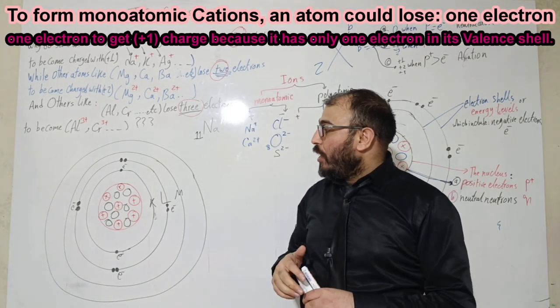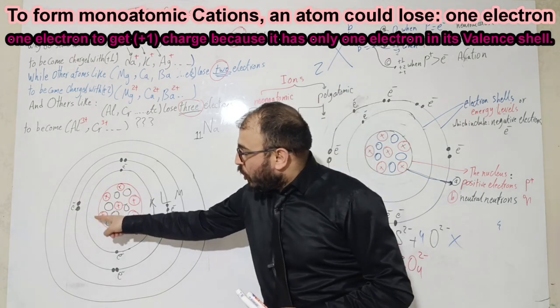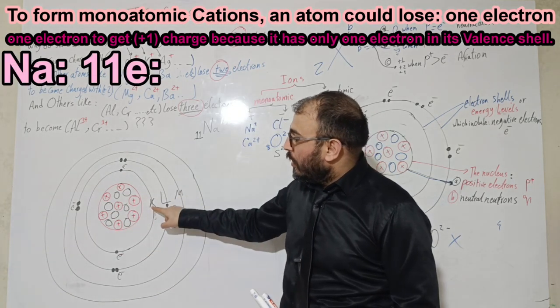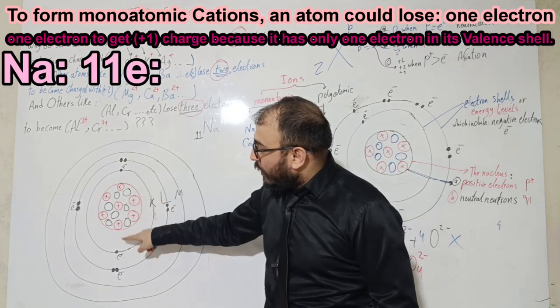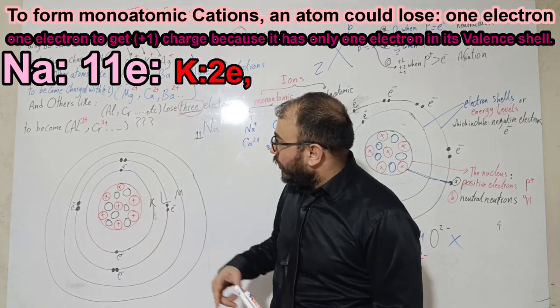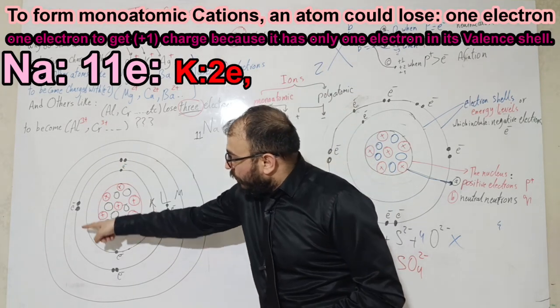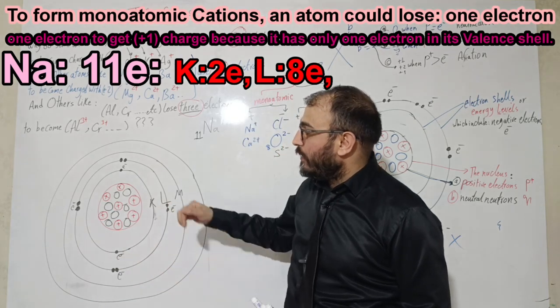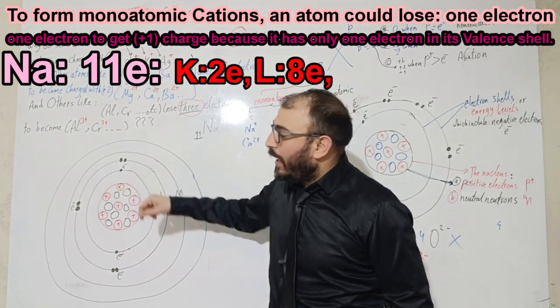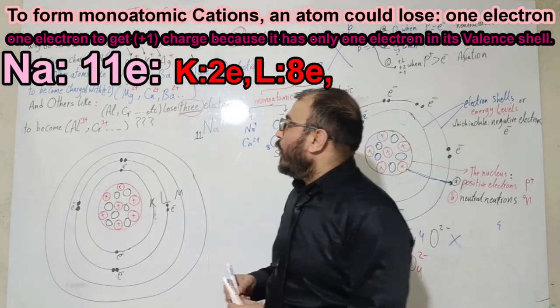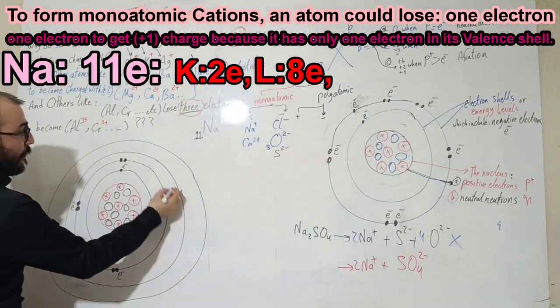Shell number 1, which is called K, can take only 2 electrons. The second one, L, can take 8 electrons. Now, 2 and 8, 10. We still have 1 electron in M.